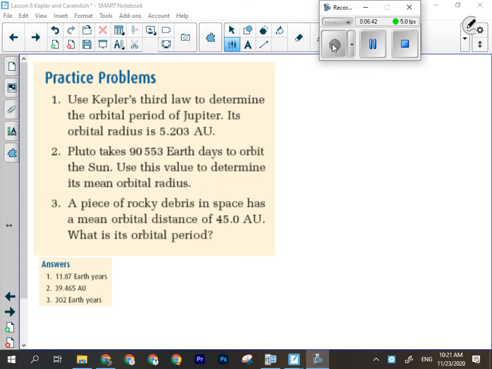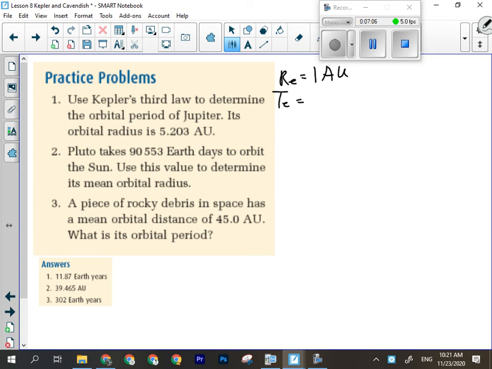So for this one, obviously two of our givens are Earth's information. The radius of Earth's orbit, 1 astronomical unit. Since they gave me astronomical units, that's what I'm going to use. If they'd given me meters, then I'd have had to use 1.50 times 10 to the 11 meters. But in this case, they did give me the period in days.